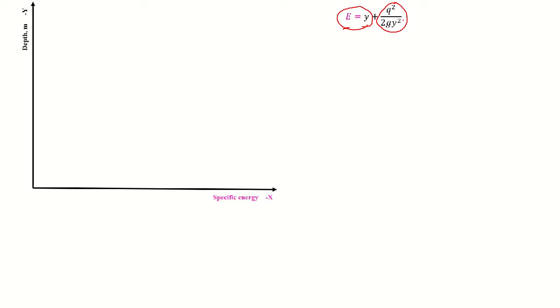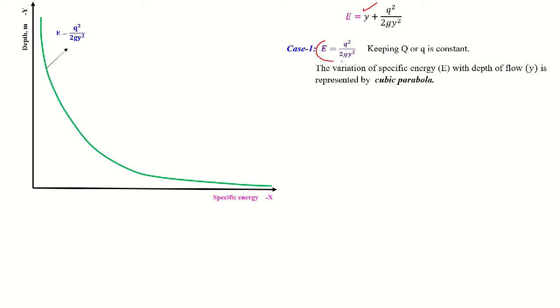So let us see how we can draw this equation on the x-axis and y-axis. Take the x-axis as the specific energy and the y-axis as the depth, that is y. So case 1: E versus q square by 2g y square. For a given discharge, q, the discharge per unit width, is constant.